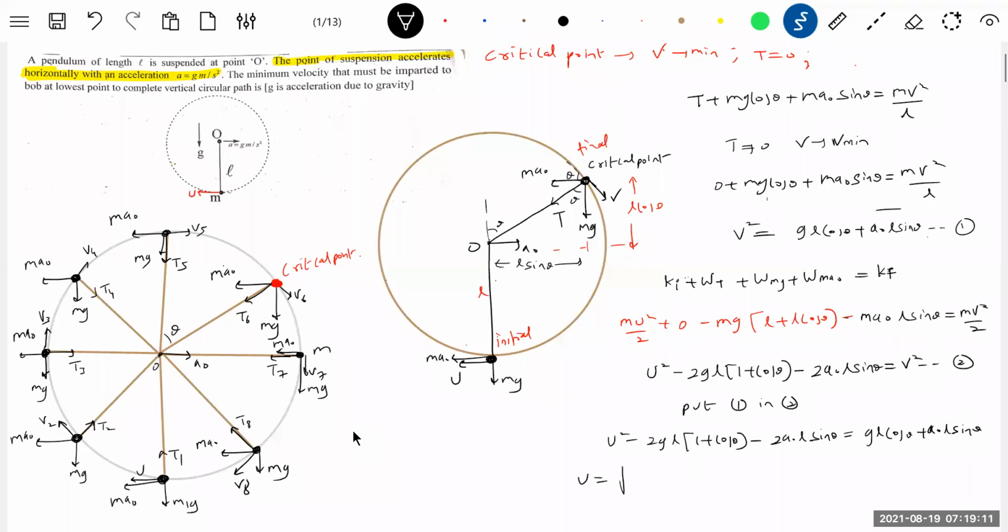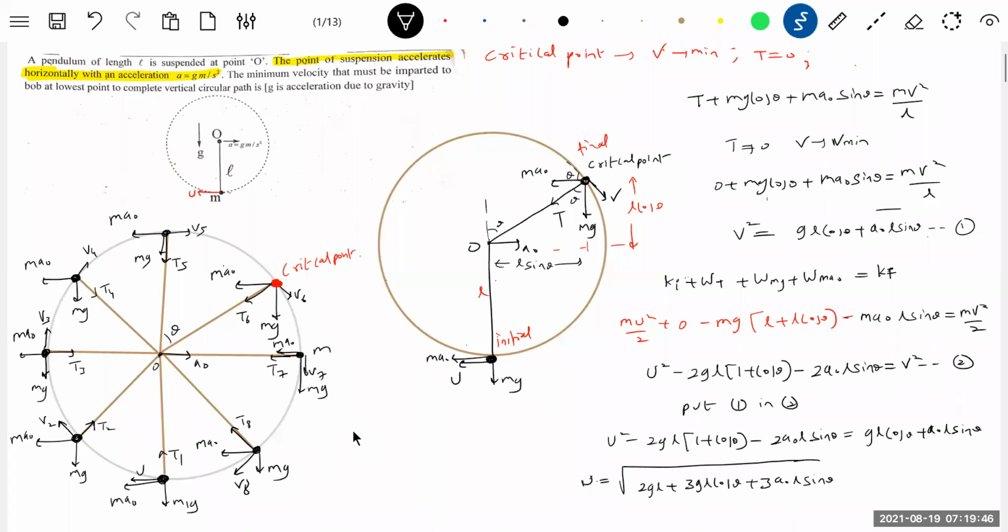This u square will be 2gL plus 3gL cos theta plus 3a naught L sin theta. What should I do? Differentiate this with respect to theta, and you'll get that minimum velocity. Then carry on.